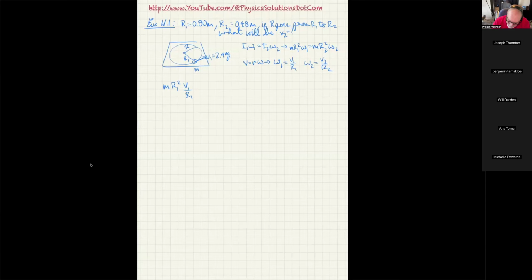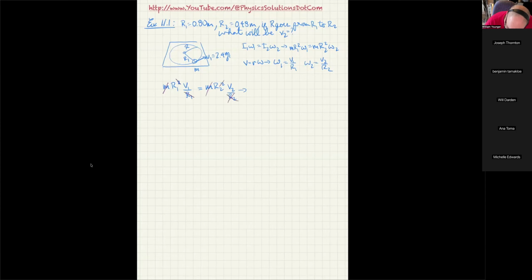The left-hand side becomes m times r1 squared times v1 over r1. The right-hand side becomes m times r2 squared times v2 over r2. I think you can see that, one, the mass cancels out on both sides, and two, the exponent cancels out on both sides, like this.